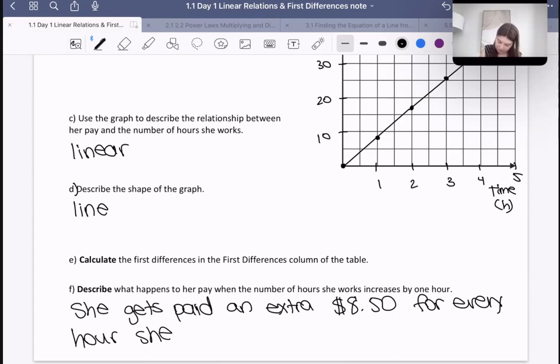I mean, that's pretty much how it works at any hourly job. Every additional hour you work, you make an extra whatever your hourly rate is. I guess in today's day and age, I'm sure an hourly rate would be more than $8.50. I would hope, but I think at one point this was the pay that was available at the time. Very good.